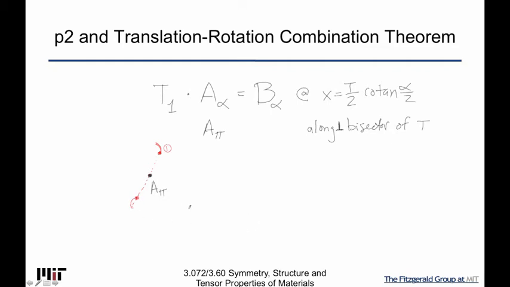And so then, that's the first step. And then remember, we're going to translate some translation in this direction. And remember, there's a point here that's translated as well. There's a lattice point over here. But we're translating our motif.